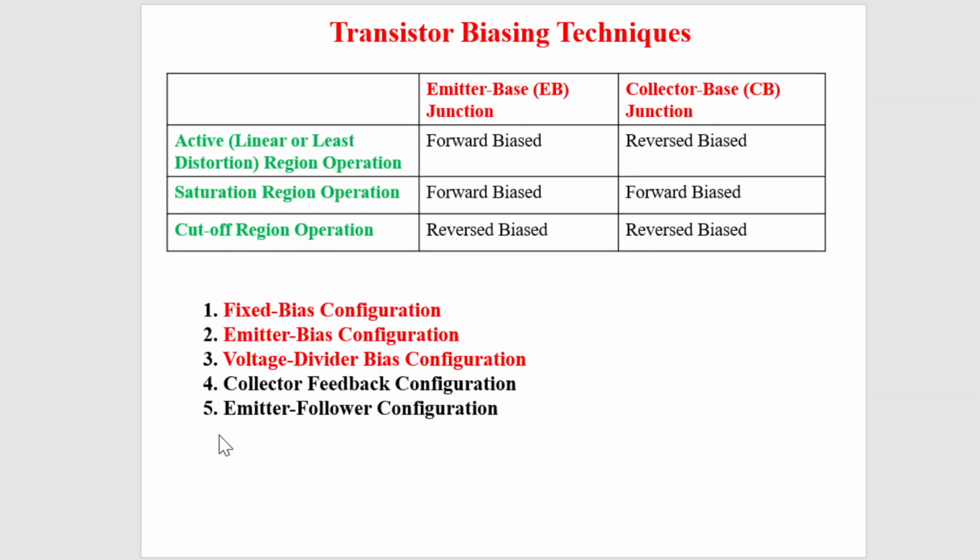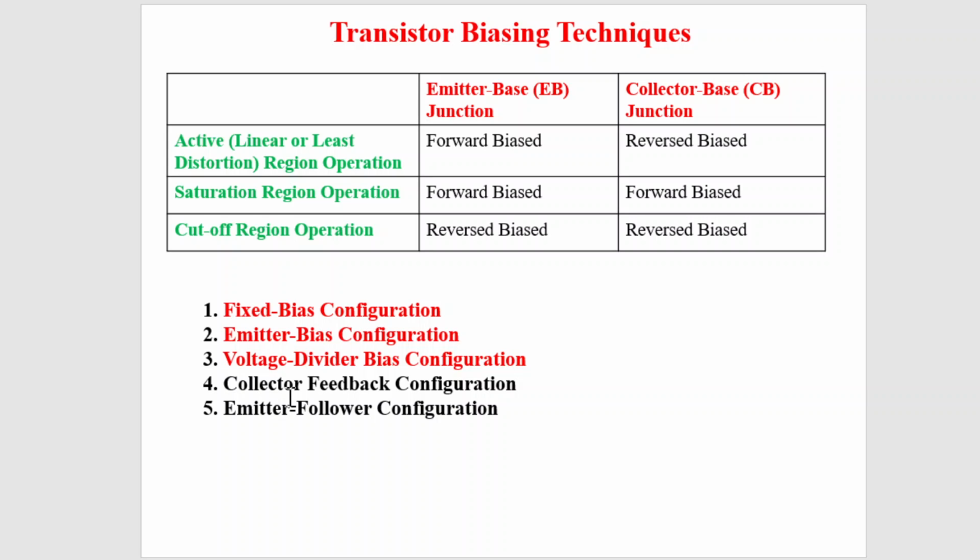So there are five techniques: fixed bias configuration, which is sometimes also called base bias configuration, emitter bias configuration, voltage divider bias configuration, collector feedback configuration, and emitter follower configuration. One by one, we will try to learn these techniques.